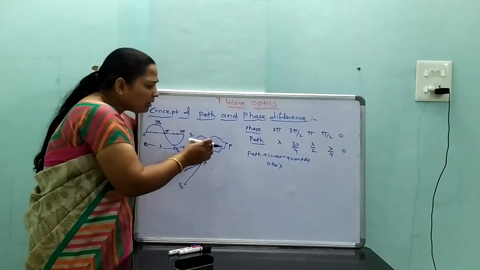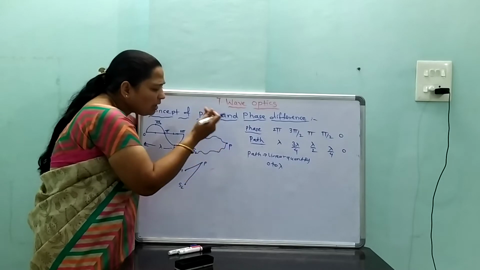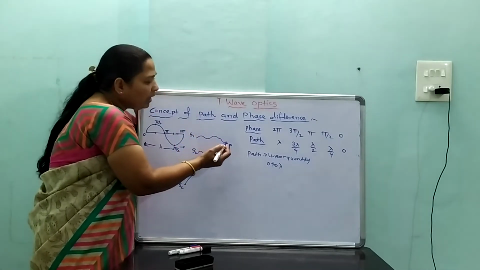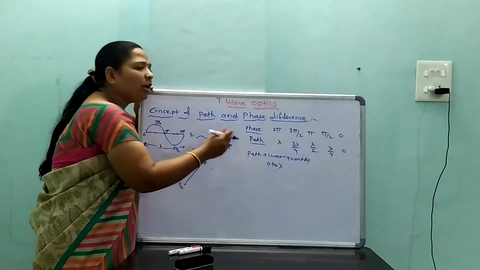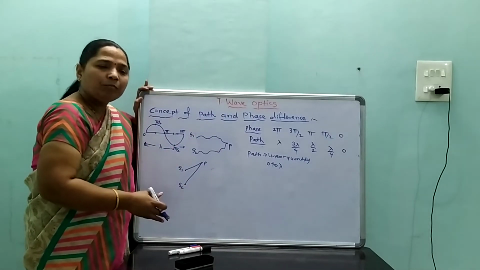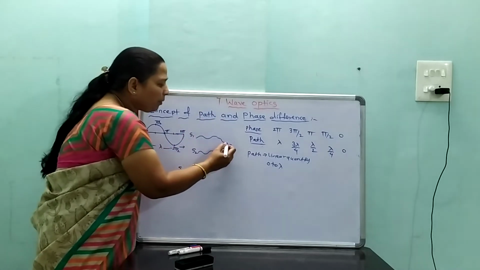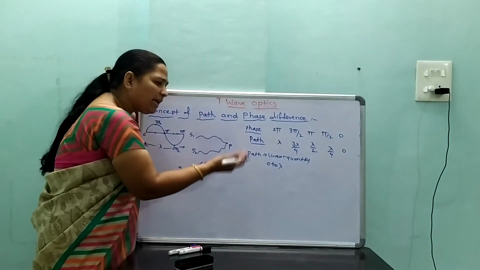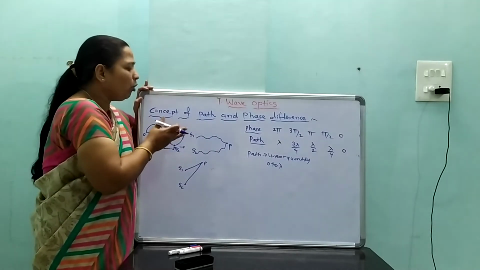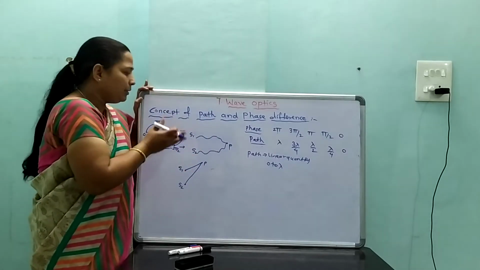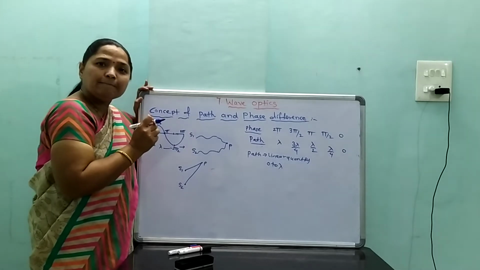And for the next condition, when the crest of one waveform falls on the trough of the other waveform, we get the minimum intensity point. At that time, the P point is a dark point. Therefore, at the P point the intensity is maximum, otherwise it is minimum. That modification of intensity is known as interference.